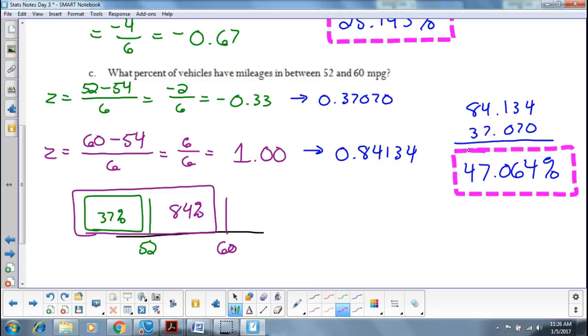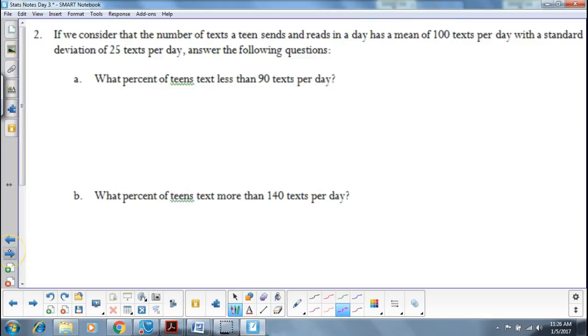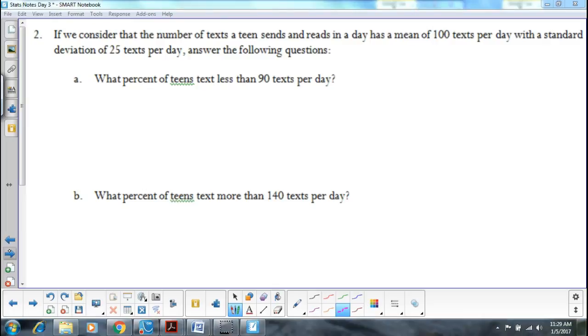Try number 2 now, please. Less than 90 texts per day.